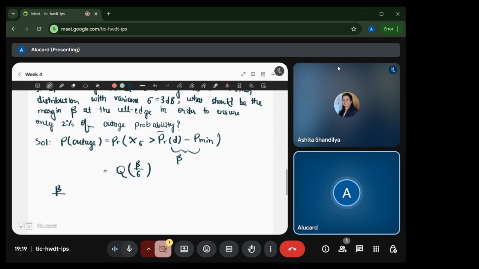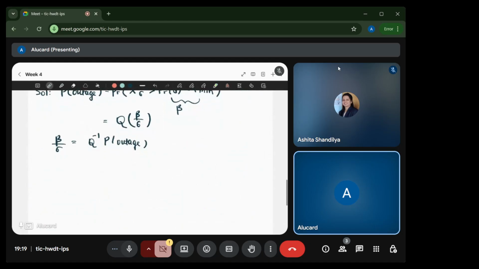That would mean that beta over sigma is Q inverse of p outage, which would mean that the margin is sigma times Q inverse of p outage.